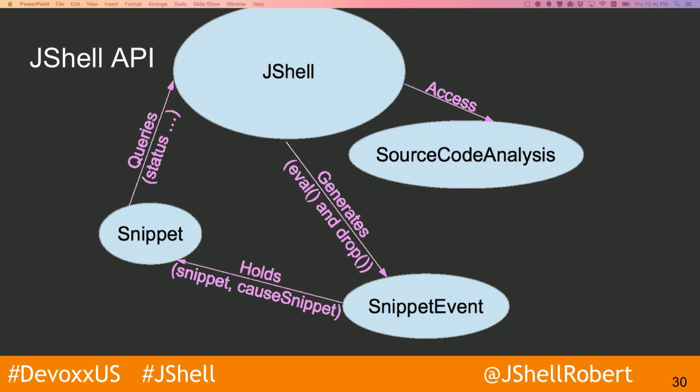They hold snippets, which are a representation of a Java snippet, and you can make all kinds of queries on that, including its status. Off on the far side, there's the source code analysis chunk, which allows you to do completion analysis and things like that. You saw the tool using that: when you hit tab, it's calling that completion analysis. So all the interesting pieces in JShell are built on the API, so other tools could use them as well.